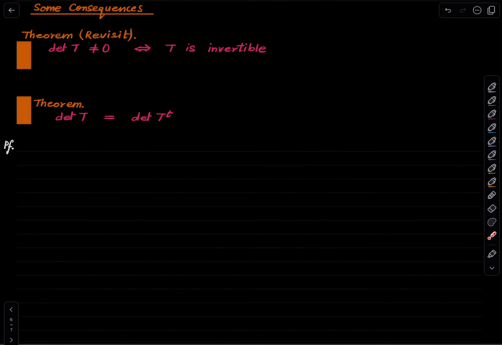And the main thing to note here is that the characteristic polynomial of T is the same as the characteristic polynomial of the transpose of T. Now, I don't remember if I proved it in any previous lecture. So in that case, let me give a full argument, but I'm assuming you recall that the minimal polynomial of T is the same as the minimal polynomial of the transpose.